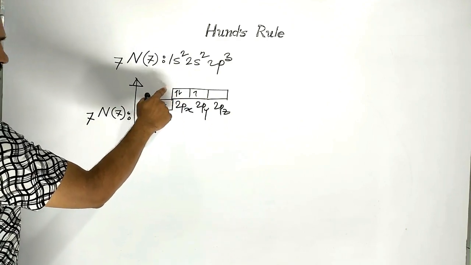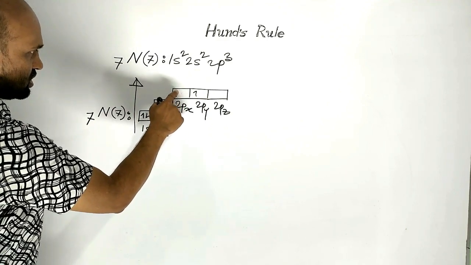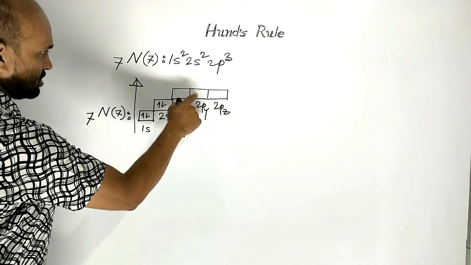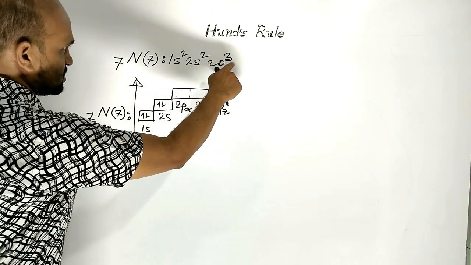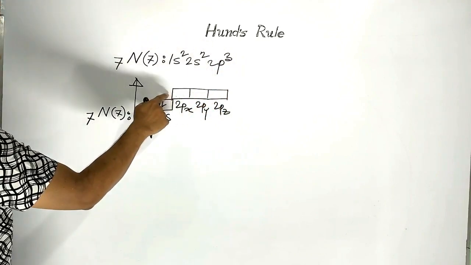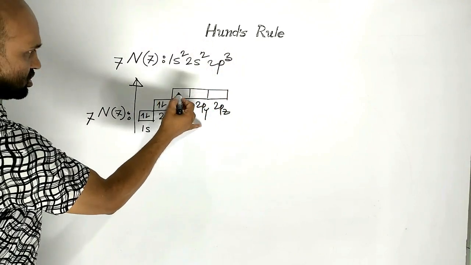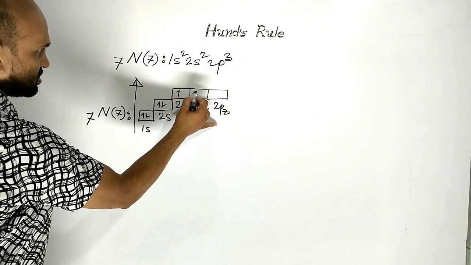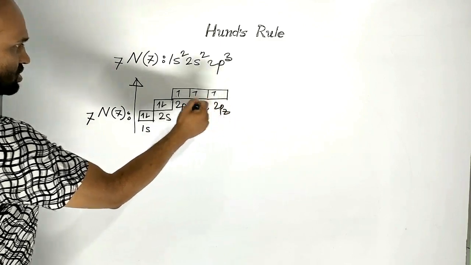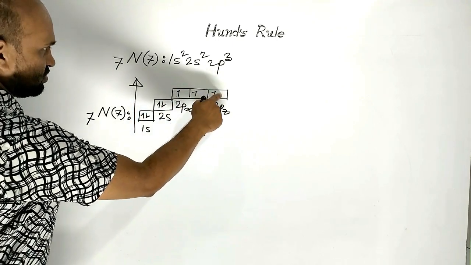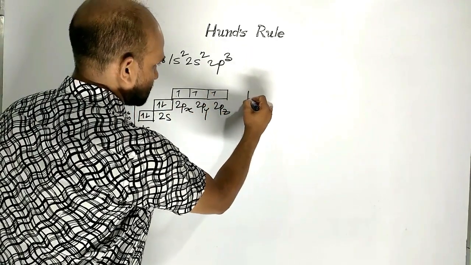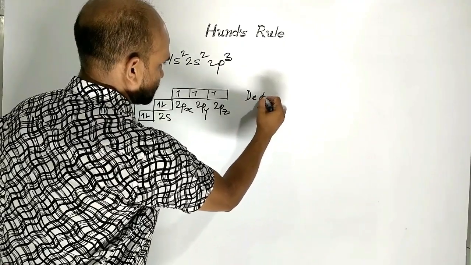No, this is not stable electronic configuration. Stable electronic configuration is these 3 electrons will be distributed in these orbitals one by one first, with the spin of same direction, and these 3 orbitals are known as degenerate orbitals.